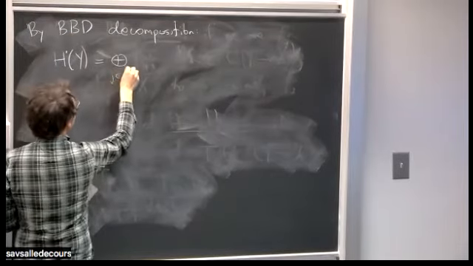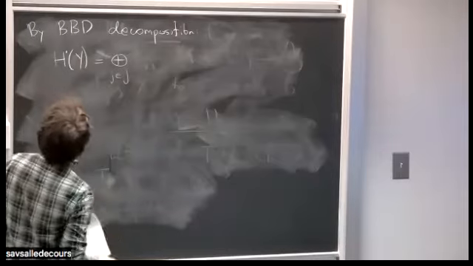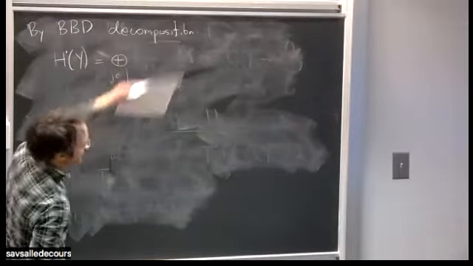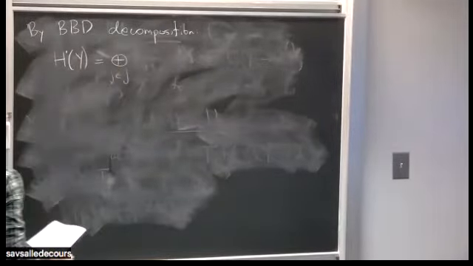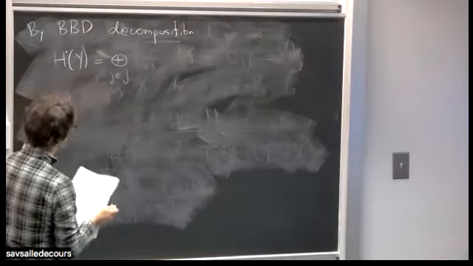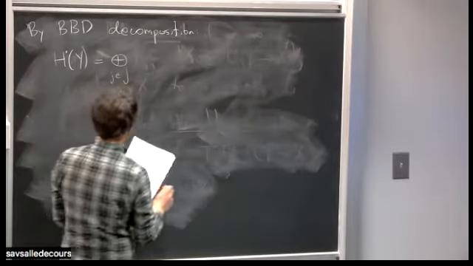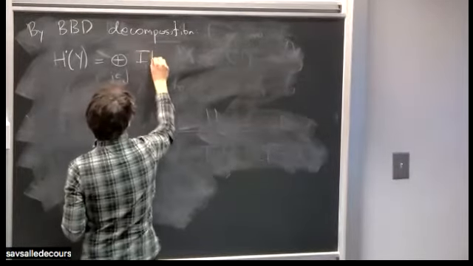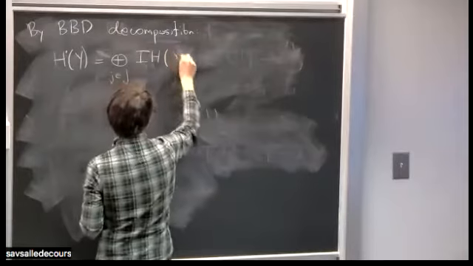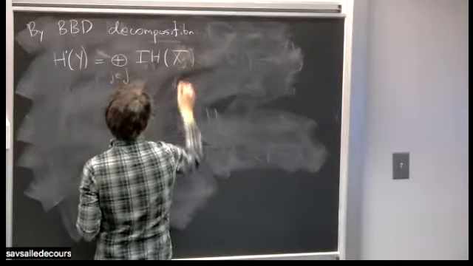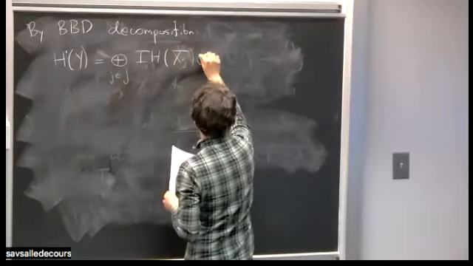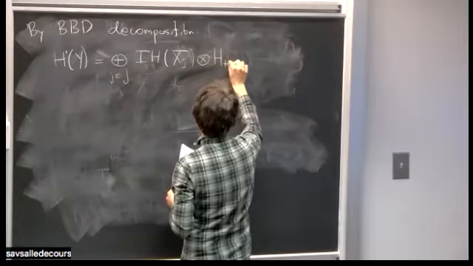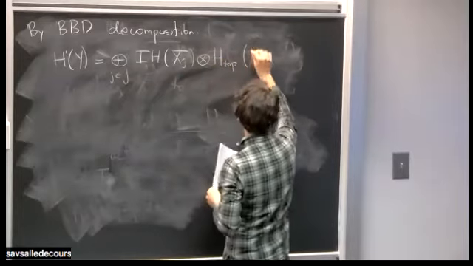Capital J is just the index set of these little j's, so this finite set of strata. What contributes is the intersection homology of the closures of these strata, tensor the top homology of the fibers.